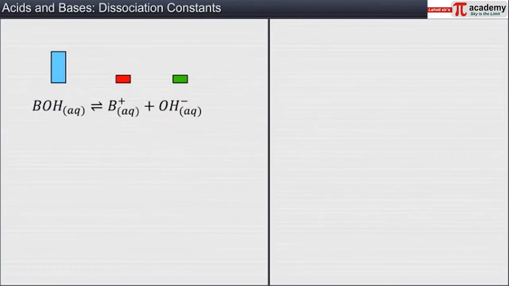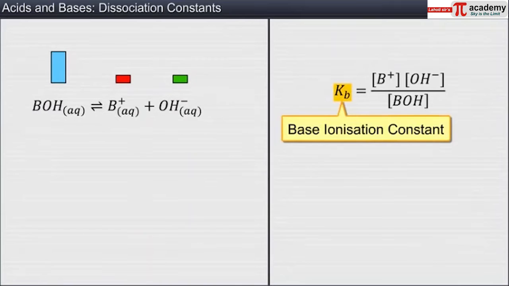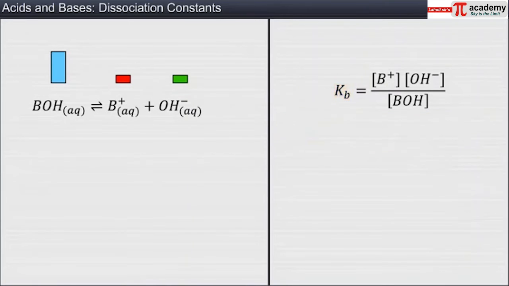The equilibrium constant for the ionization of a base is called the base ionization constant and is represented by Kb. The Kb for this equilibrium can be expressed as Kb is equal to the product of concentration of B plus and OH minus ions divided by concentration of BOH.